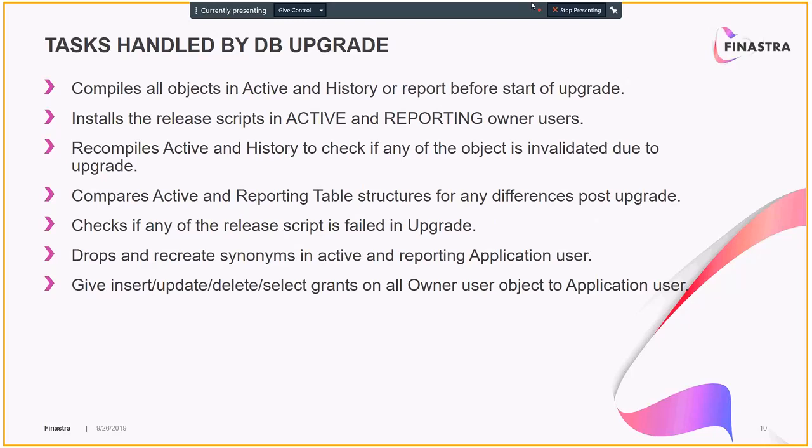It drops synonyms in active and reporting application users and recreates the synonyms, and it also gives insert, update, delete, select grants for all the objects from the owner user to the application user. So these are the functions handled by the DB upgrade tool.